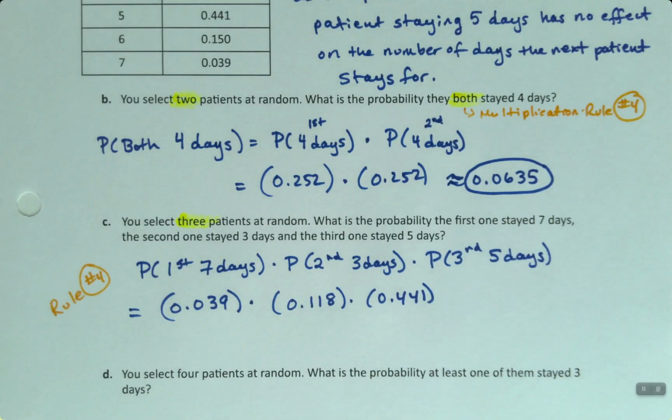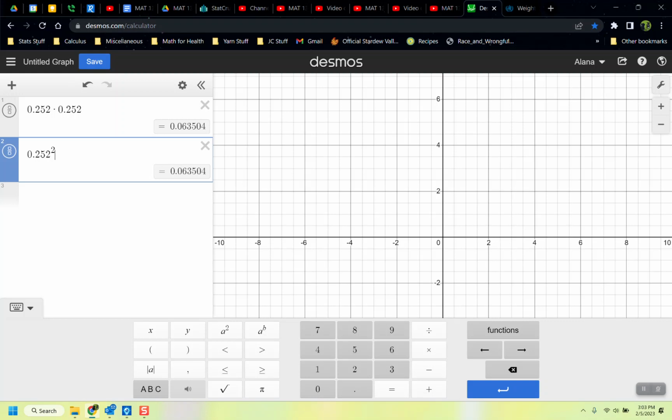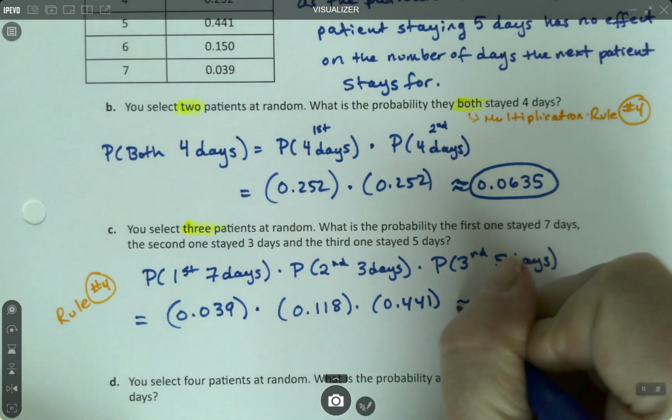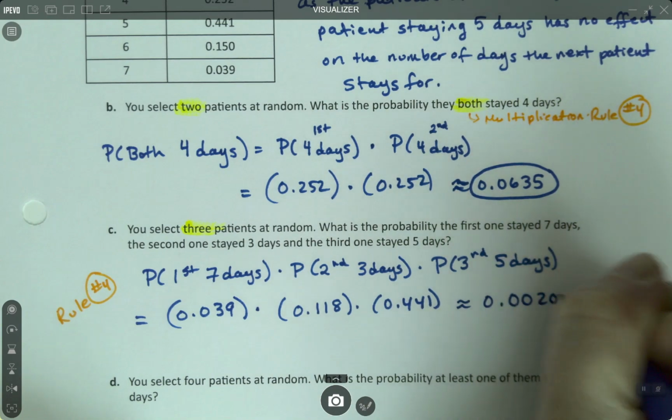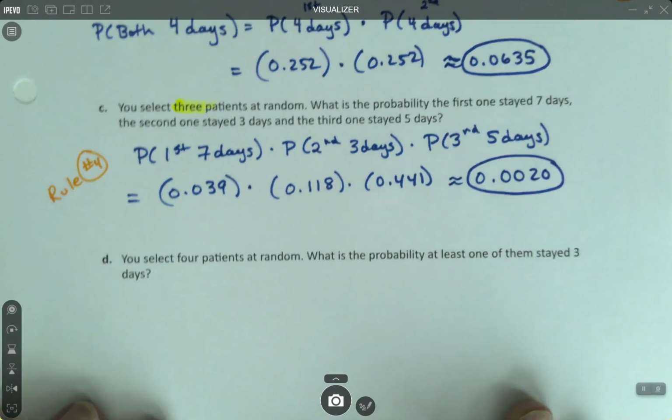Multiple events happening at once, I should say, which this is. There's an order. There's a sequence. And so when there's an order or a sequence, use the multiplication rule. And there you have it, 0.0020. And the last 0 doesn't have to be written, but there it is.